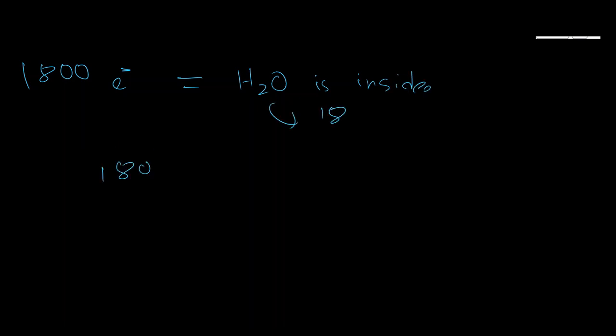Let's say we have 1800 electrons. Find how many H2O are inside. Sorry, the number of electrons in H2O is actually 10, not 18. So we divide by 10 and get 180 H2O molecules.